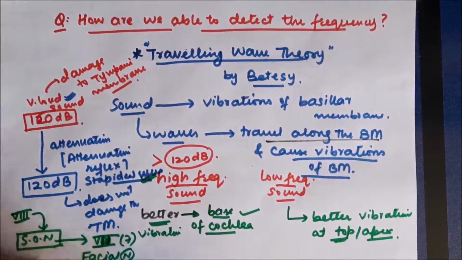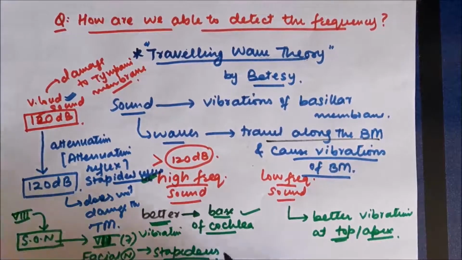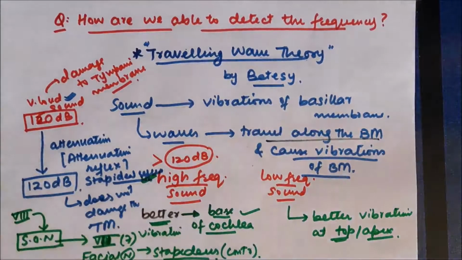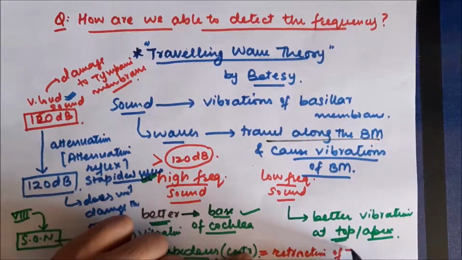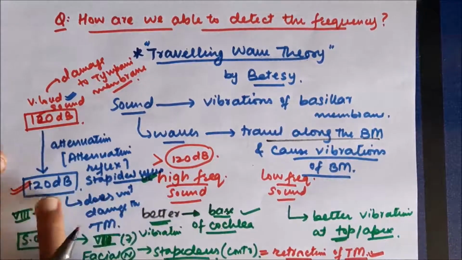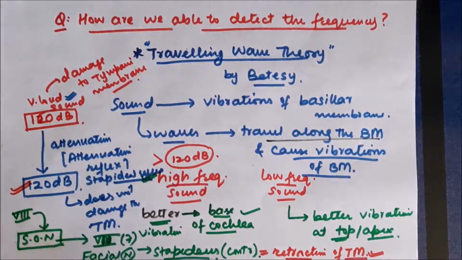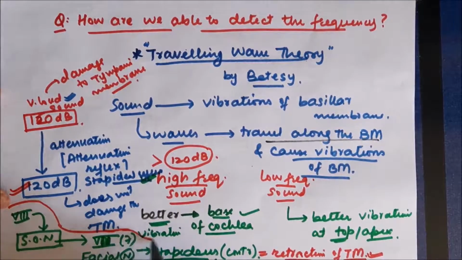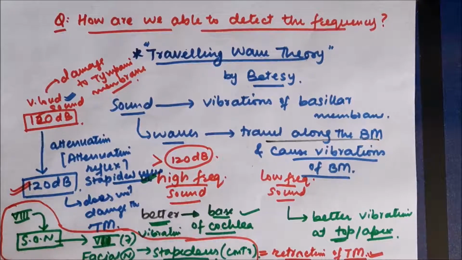Since the facial nerve provides motor supply to the stapedius, it results in contraction of the stapedius. When the stapedius contracts, it results in retraction of the tympanic membrane, which means it will not be able to conduct as well, so automatically the loudness of the sound decreases. It's a protective reflex called the attenuation reflex or stapedial reflex. So this is the pathway of the stapedial reflex: 8th cranial nerve, superior olivary nucleus, facial nerve, and stapedius muscle.